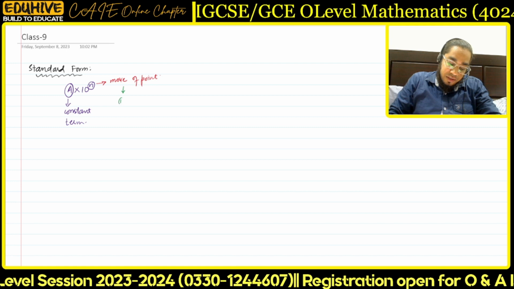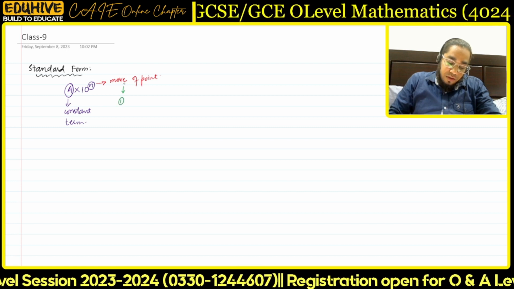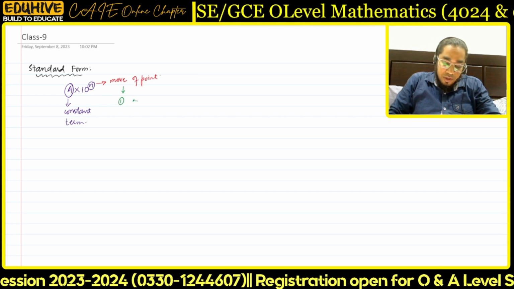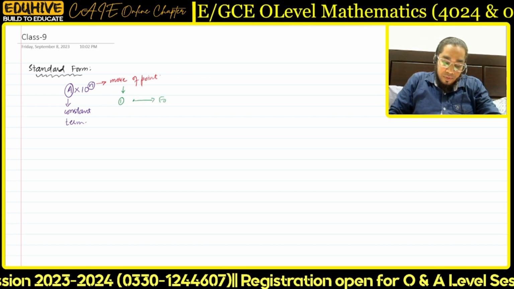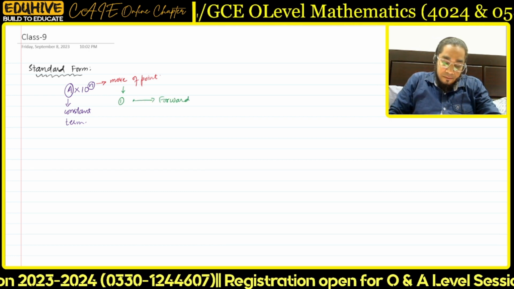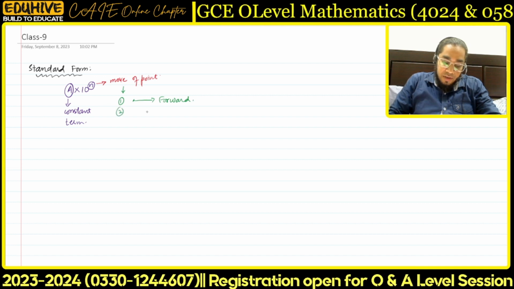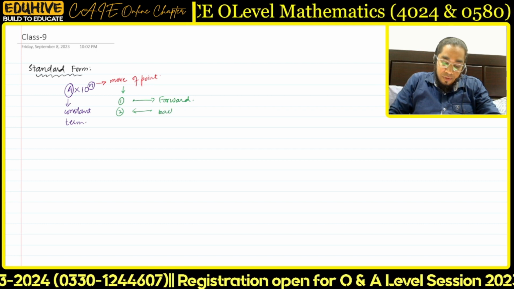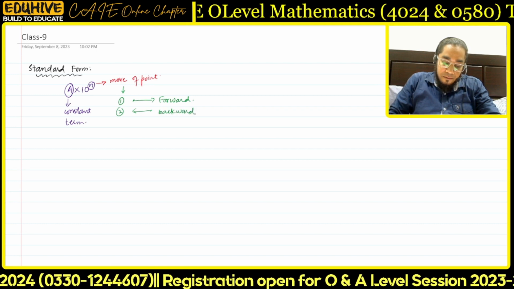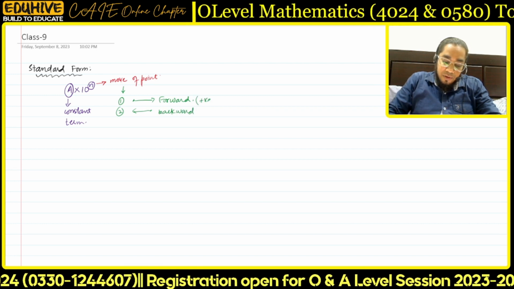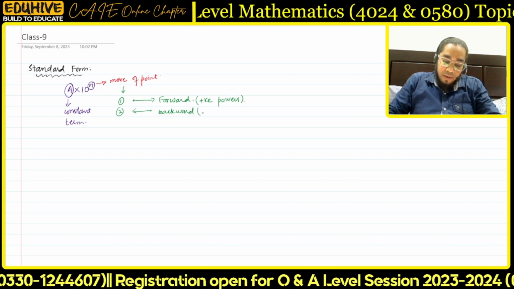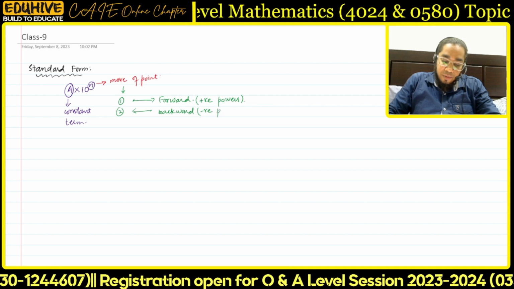The first one is when it is having a positive power, so it is going forward, and when it is having a negative power, so it is going backward. So forward for the positive powers and backward for the negative powers.